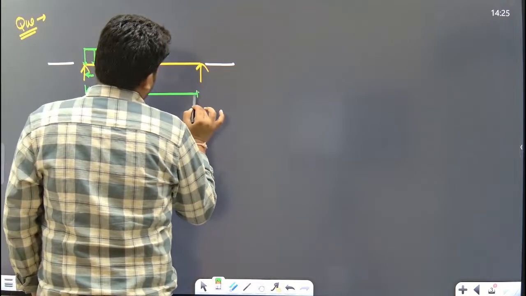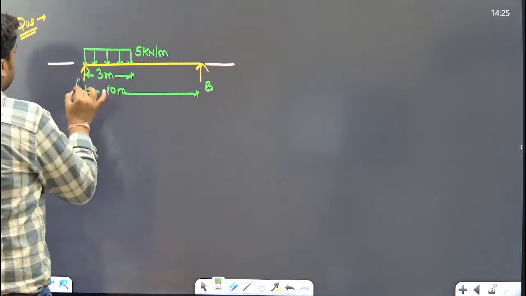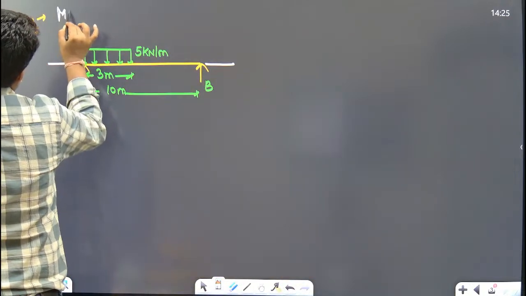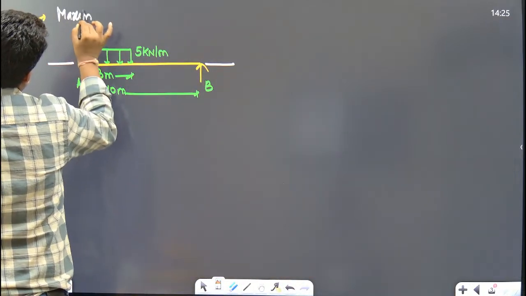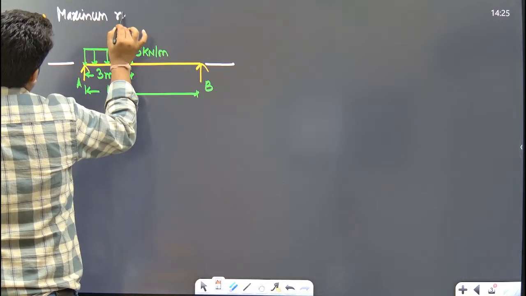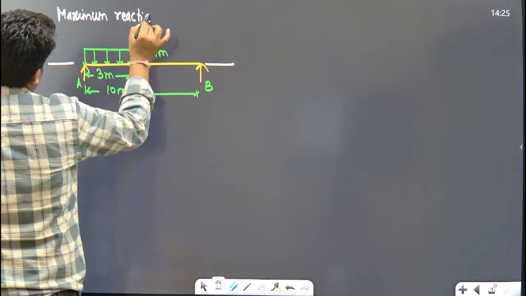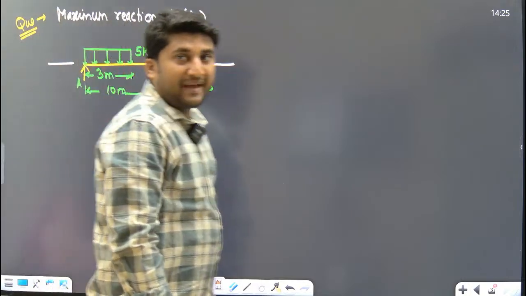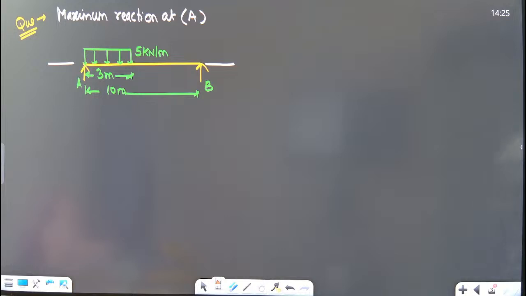You need to find out the maximum reaction at A. This is a type 2 question.